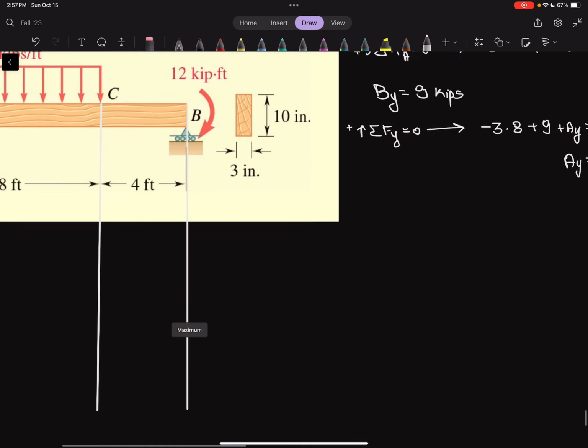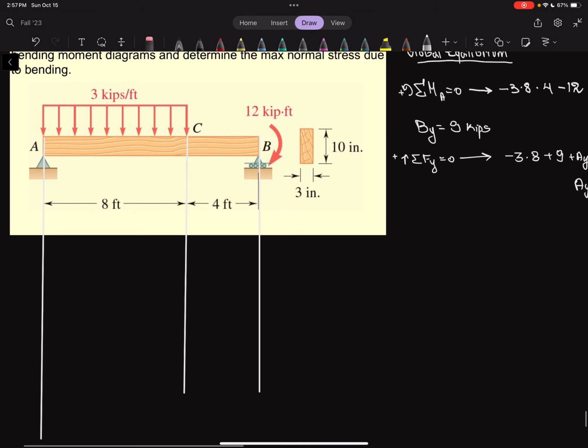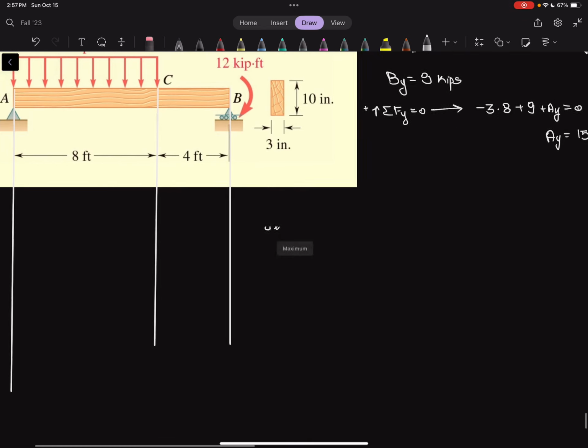So, remember that the derivative of the shear force with respect to the length is equal to the negative of the distributed load.